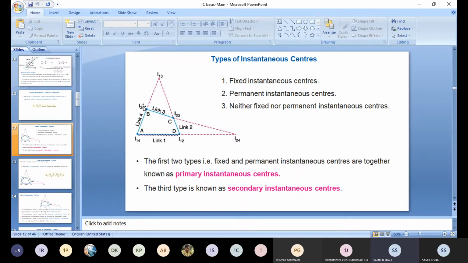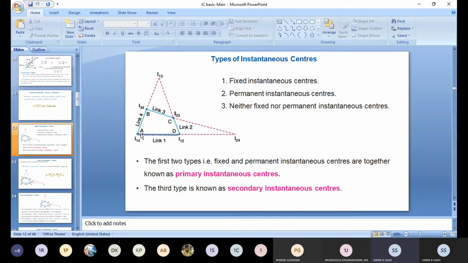Now we have already finished 4 instantaneous centers. Now talk about the remaining 2. If we see, the lines may be extended in this way only. This is one line, this is another line, and this is the other line, which are the only two possibilities to extend the four-bar chain mechanism. You can see my cursor.